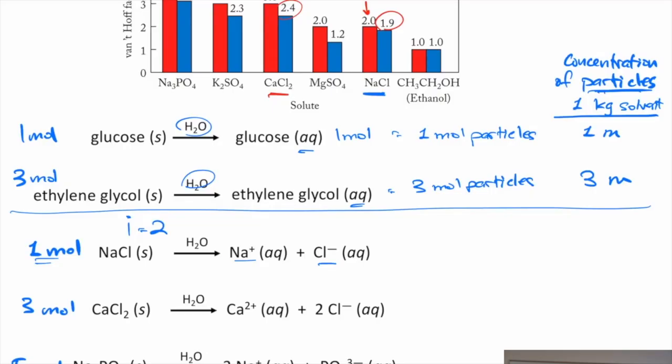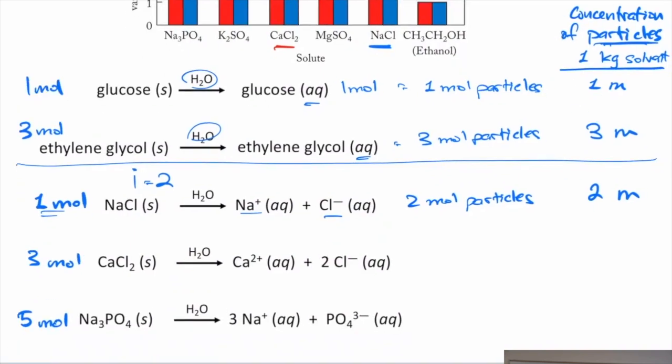So that's going to give me 2 moles of particles. Really, that last column is really redundant, isn't it? I don't really need to put that in. That's okay. It's mostly the moles of particles in solution that we're going for here.